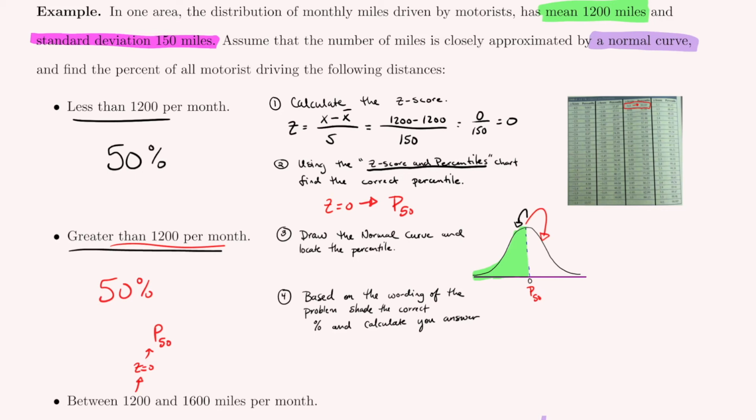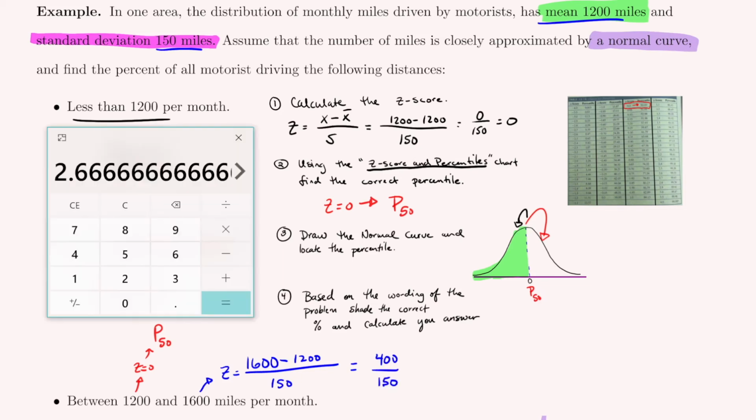So for 1,600, the z-score is the data value of 1,600 minus the mean for the data set, which was 1,200, divided by the standard deviation for the data set, which here is 150. That will be 400 divided by 150. And we type this into the calculator, we get 2.666 repeating.